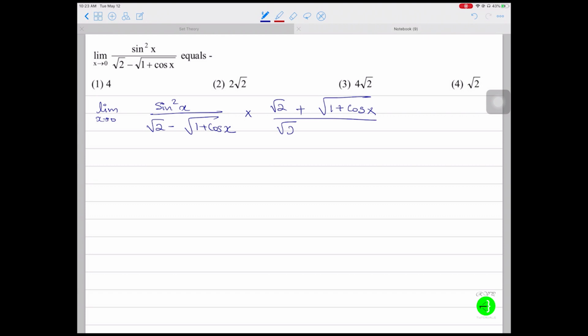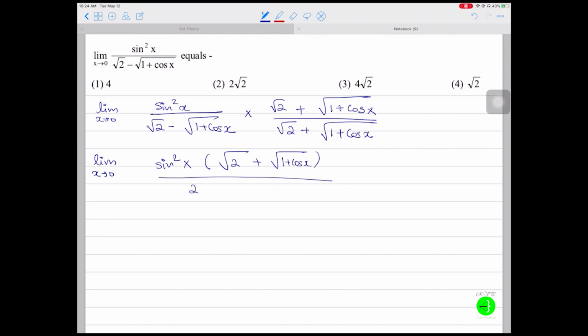Excuse me, this would be plus, under root 2 plus under root 1 plus cosine x. So we are left with sine squared x times under root 2 plus under root 1 plus cosine x over 2 minus 1 plus cosine x.